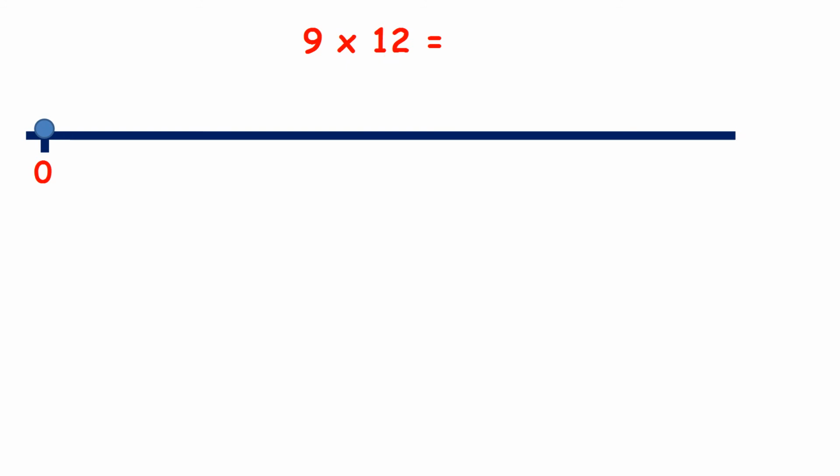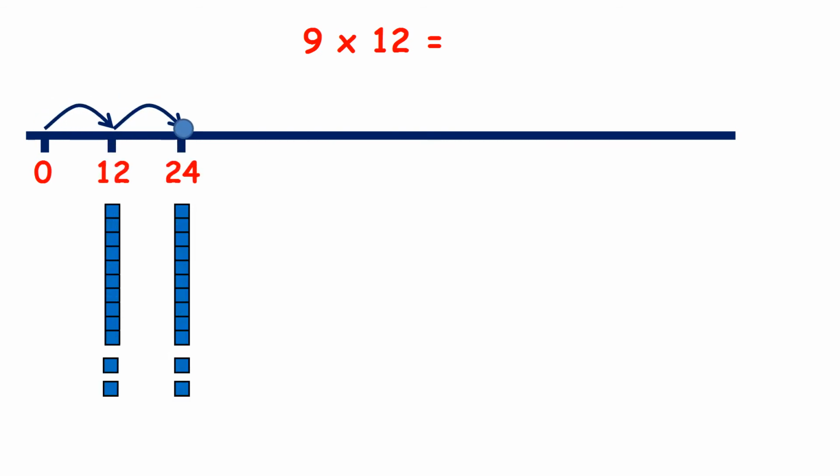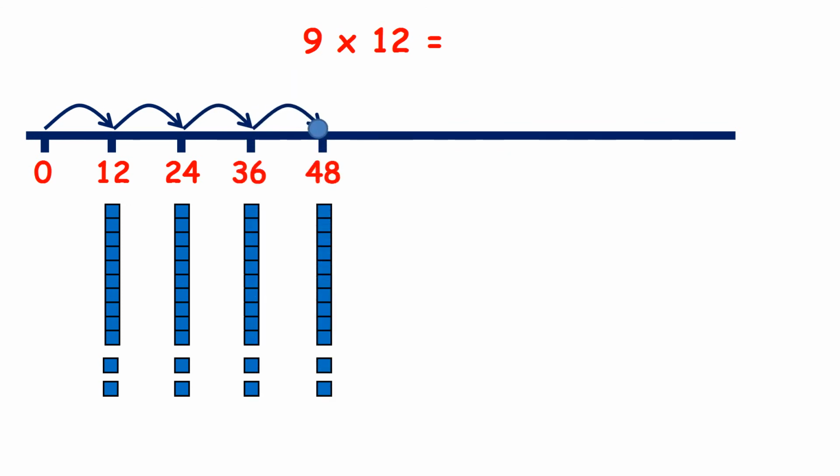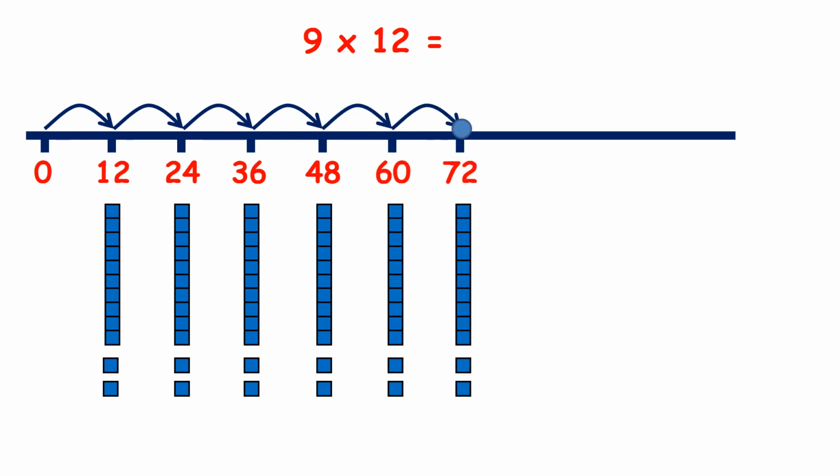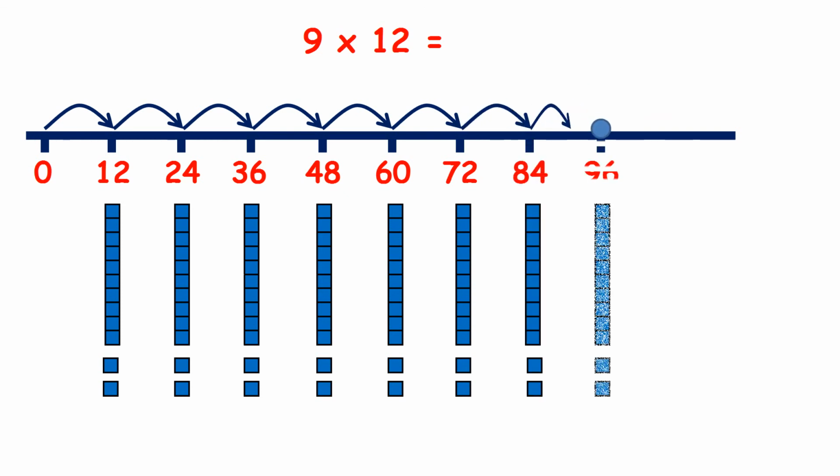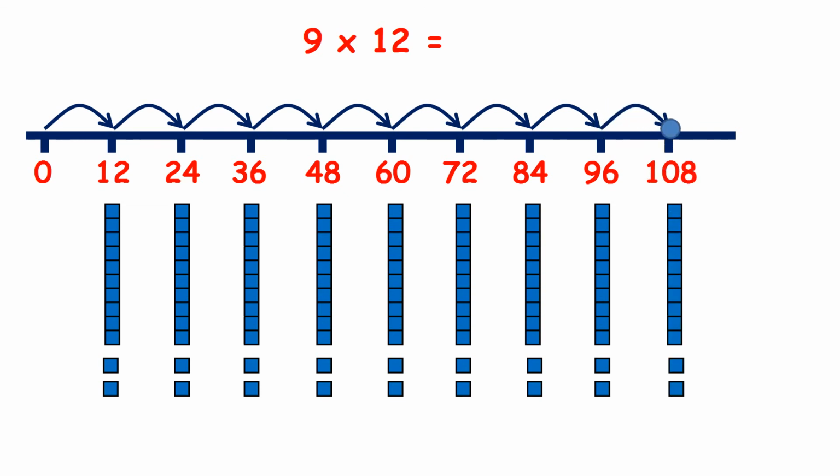So we have 12, 24, 36, 48, 60, 72, 84, 96, 108. So now we've made 9 groups of 12. So 9 times 12 equals 108.